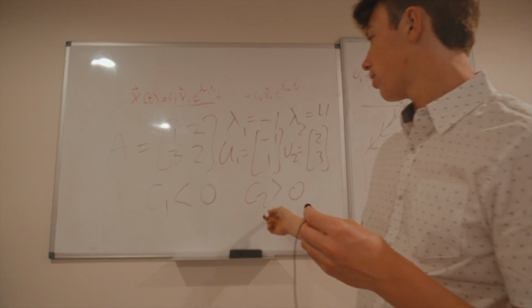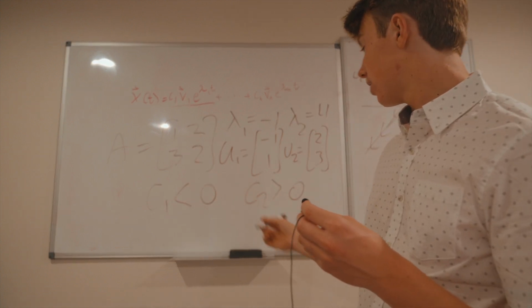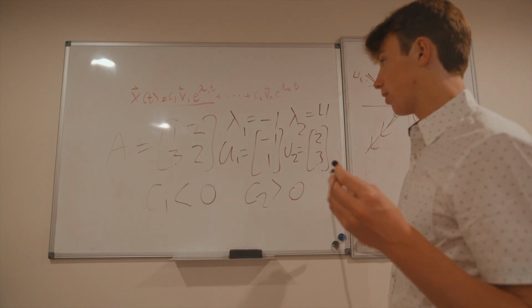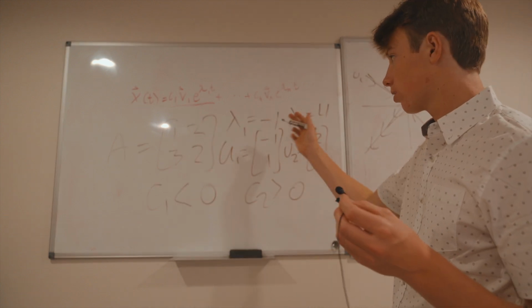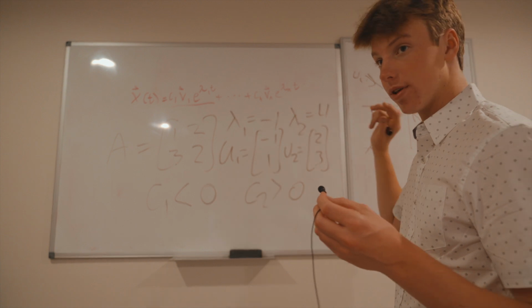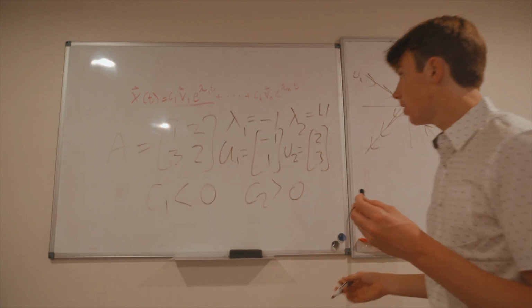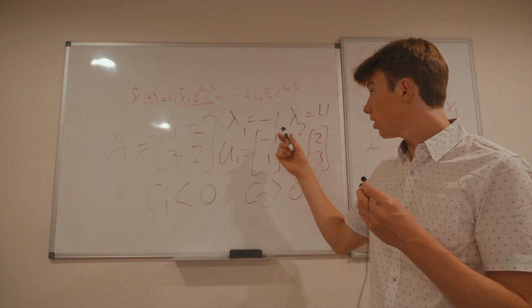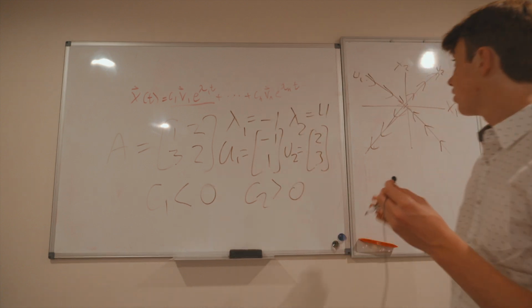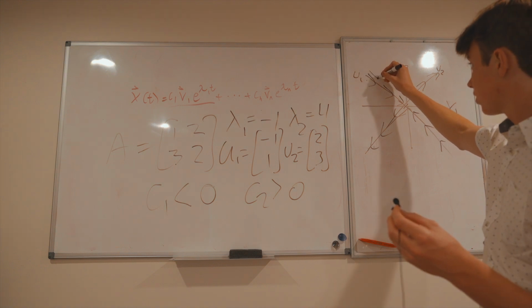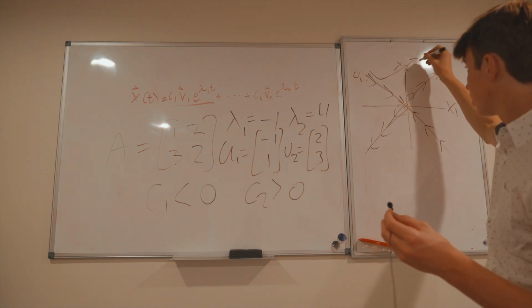See now, if both of these were negative, then everything would be going inwards. If both were positive, then everything would be going outwards along the eigenvalues. But in this case, since we have a small negative eigenvalue for u1, it will go inward just a little bit and then out.